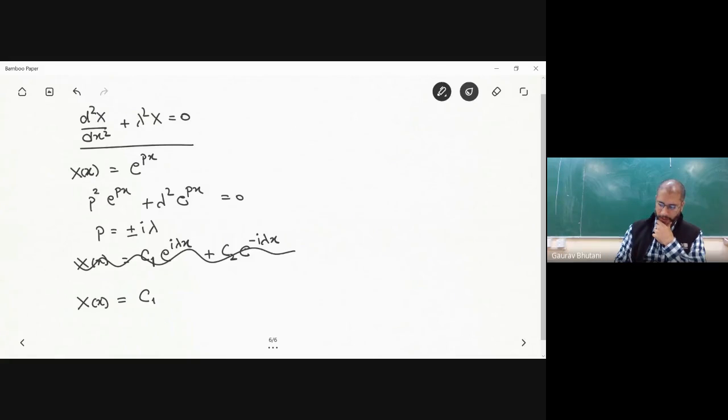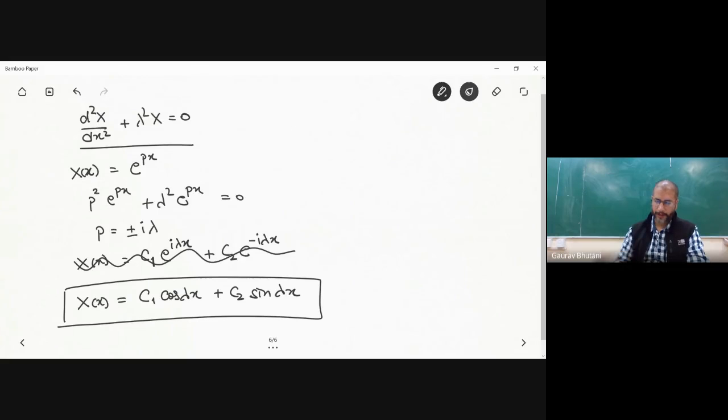Let's use the same notation as the book so that we don't confuse ourselves: X equals C1 cos lambda x plus C2 sin lambda x. The whole idea is that it's an oscillating, harmonic solution, and cos lambda x and sin lambda x are the two solutions, so the most general solution is a linear combination of the two. So that's my X. Is that clear?